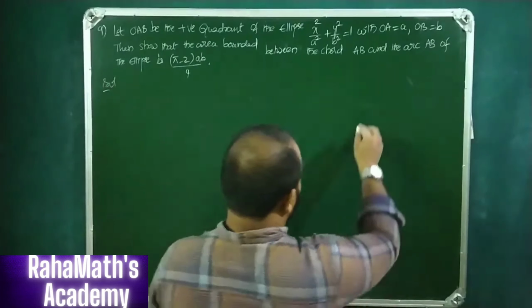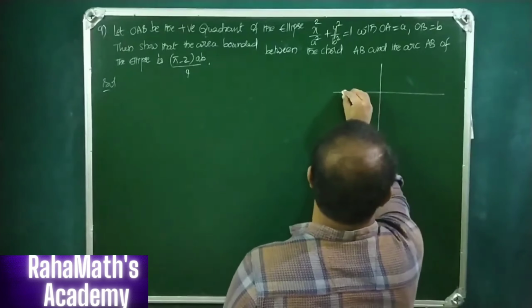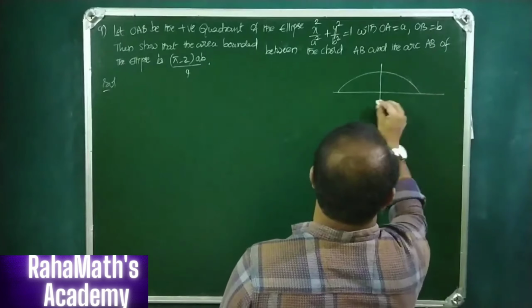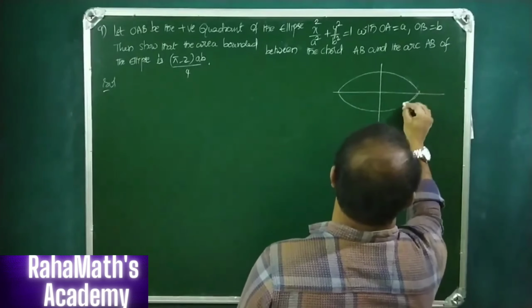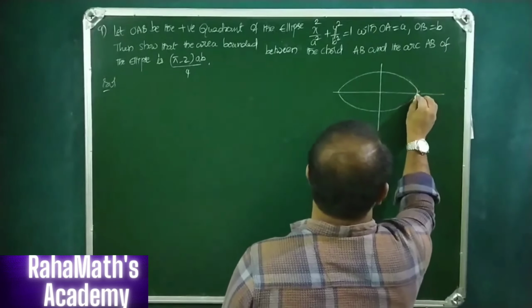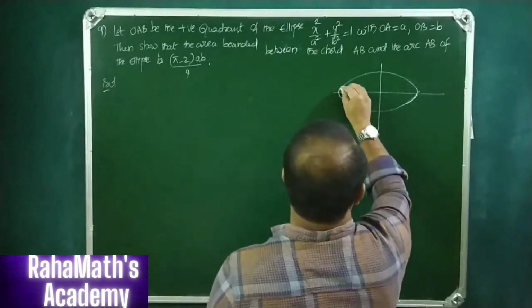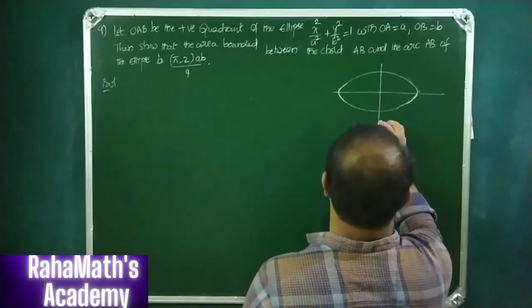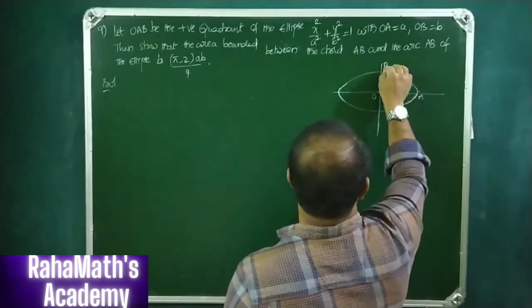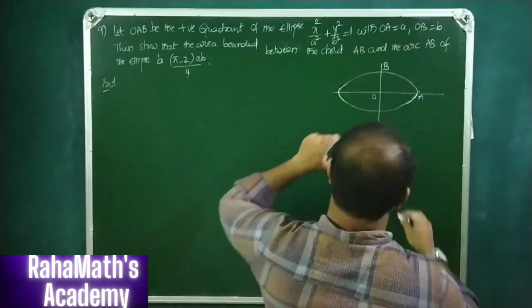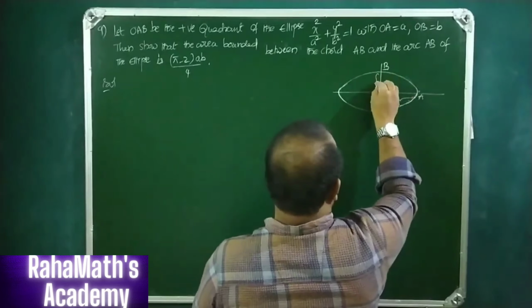So, let us suppose that this is the ellipse. This is O, A, B. Given that OA is equal to a, this is a, and this is OB equal to b.